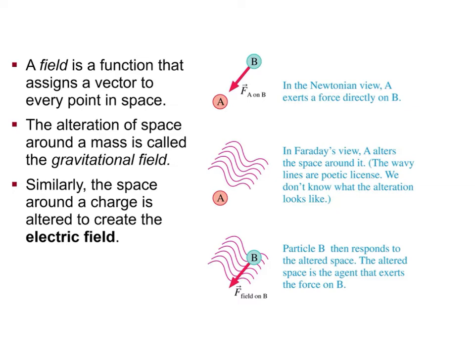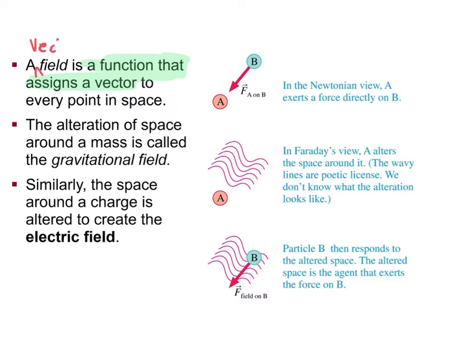Some technical definitions. A field is a function that assigns a vector to every point in space. So what would be a field? Well, for instance, if you think about the wind blowing, the air's velocity at any point in space is a vector field. We should be a little careful here, because your textbook is a little aggressive and I should have fixed it.